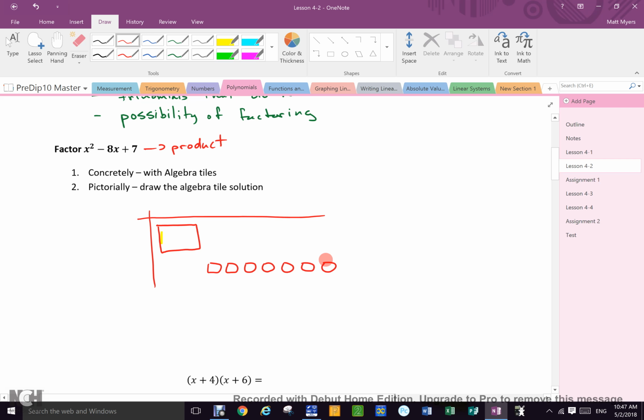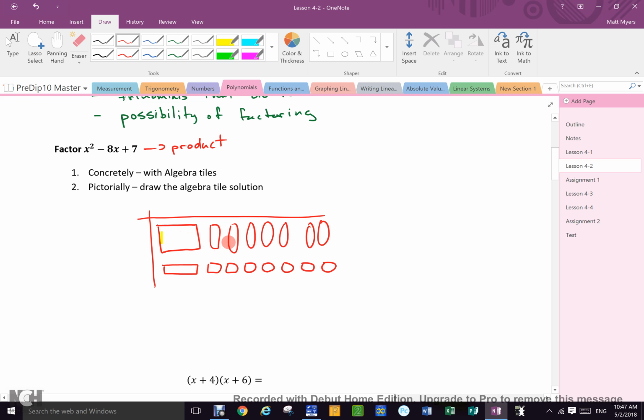Now, what would I need there to make a rectangle? An x. What would I need there? And another x, and another x, and so on. Yes?